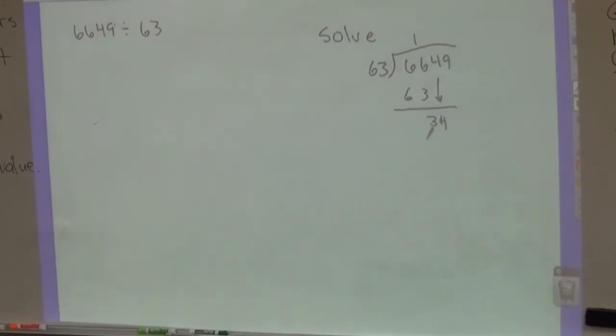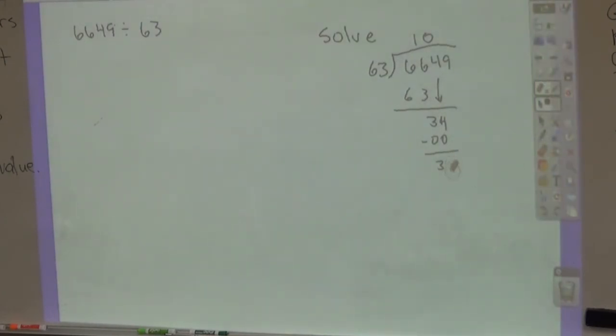When you cannot make any groups of your divisor of 63 out of the remainder, which in this problem is 34, you need to use a 0 in the quotient. A 0 in the quotient will then multiply across and give you 0. And when you subtract 0 from the 34, your remainder becomes 34.